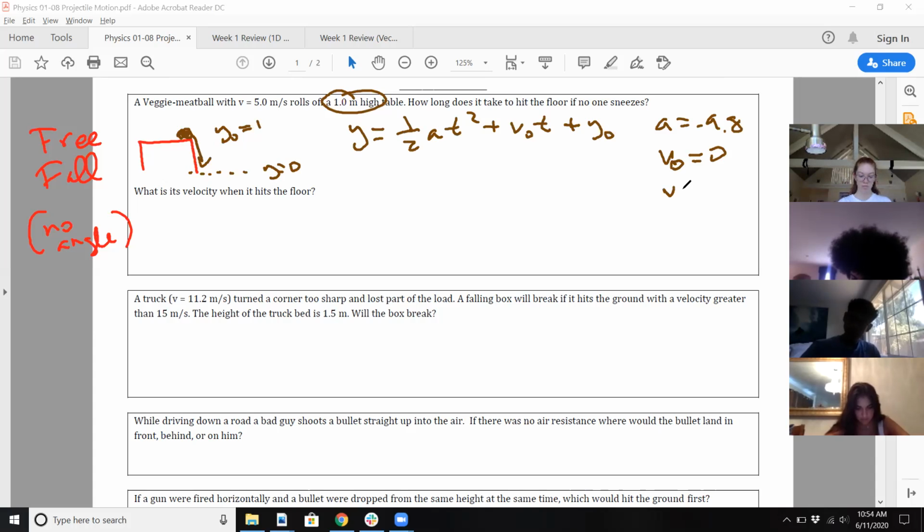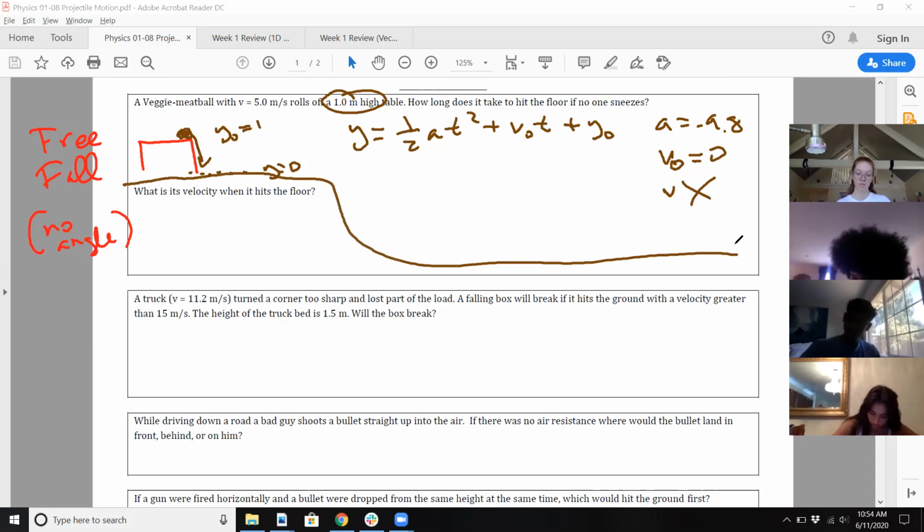We don't care about final velocity, at least not yet, because we're in the first part of this problem. And time is what I want. So that's why we're using this formula here. So y minus y0, bring that to that side. 1/2 of 9.8 t squared plus 0.